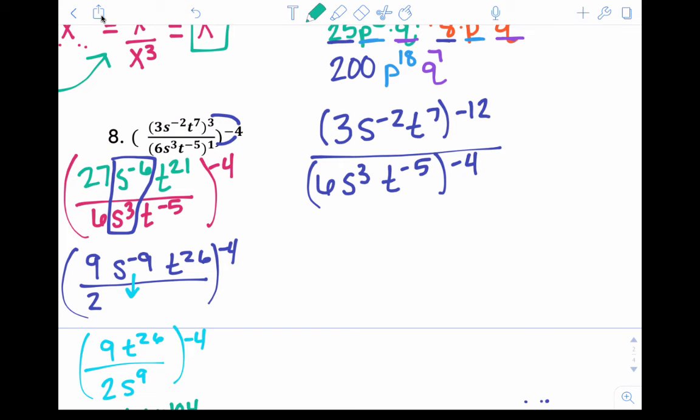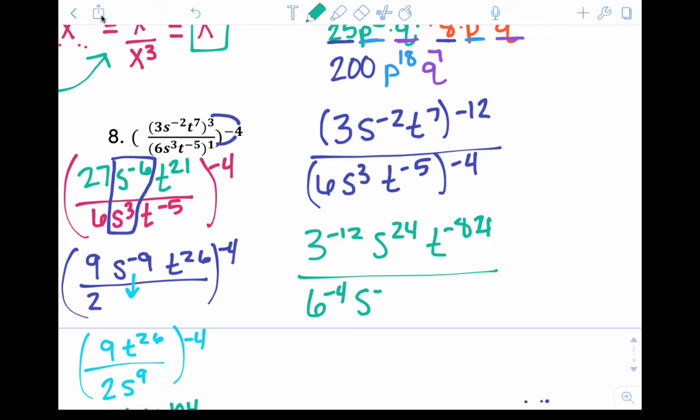So I'm going to go ahead and distribute those exponents to each part of those parentheses. So I get 3 to the negative 12th, s to the 24th, t to the negative 84th, over 6 to the negative 4th, s to the negative 12th, and t to the 20th.